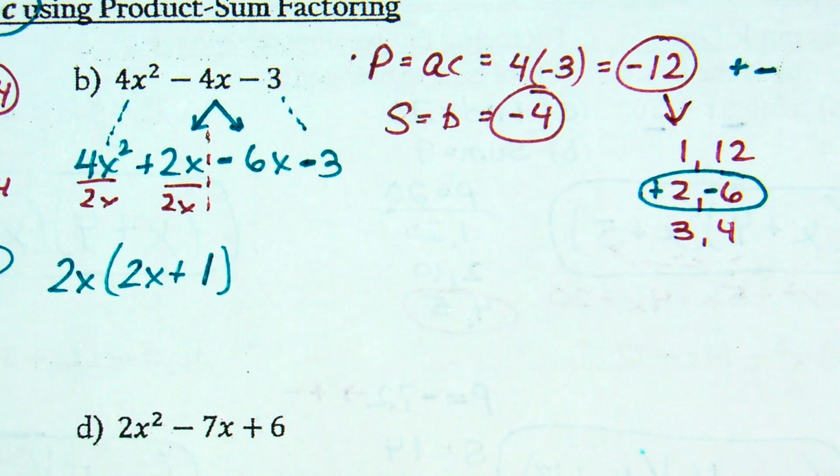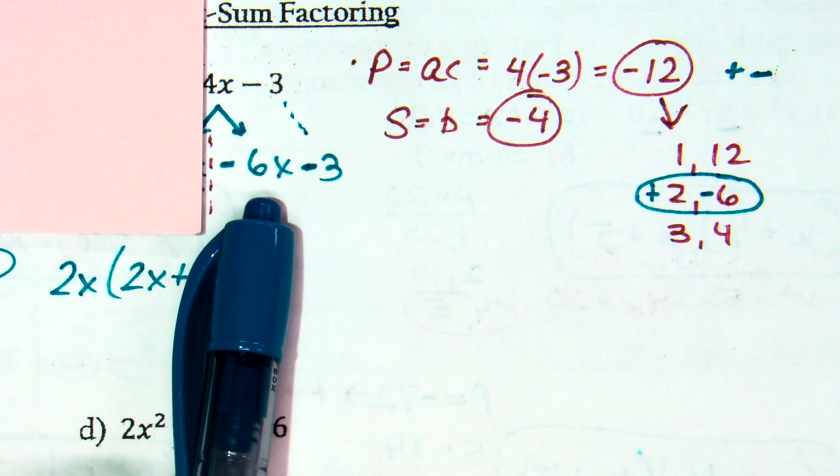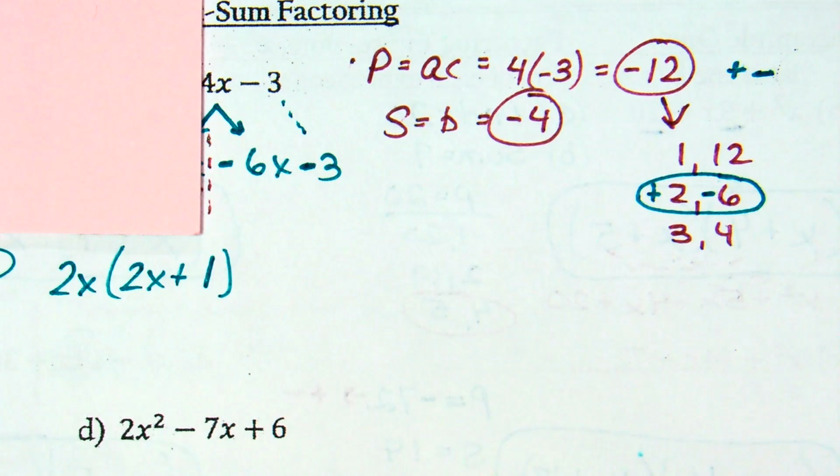Repeat the process. So, what do you know about negative 6x and minus 3? They both divide by 3. What kind of 3 should I say here? Negative. Now, here's my hint I will give you. Anytime this first term is negative, use negative. Because our goal is to have matching parentheses in the end.